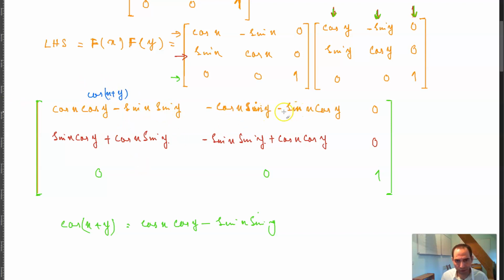Next, this one, basically cos x sin y, you can write this by taking a negative out and writing this as negative of sin x cos y plus cos x sin y.